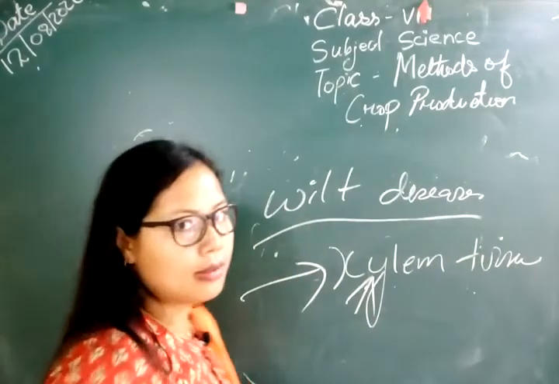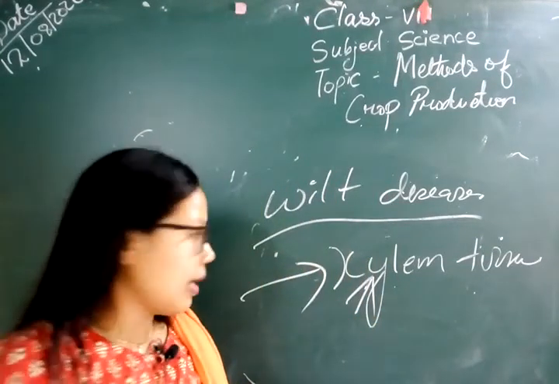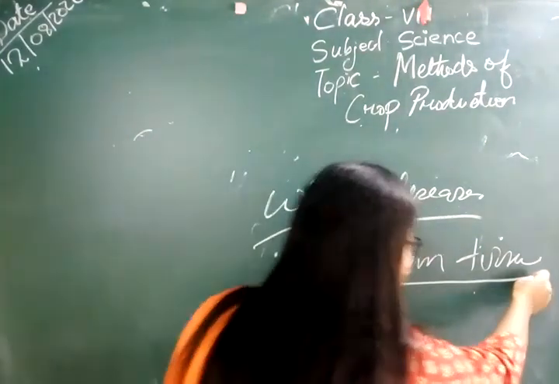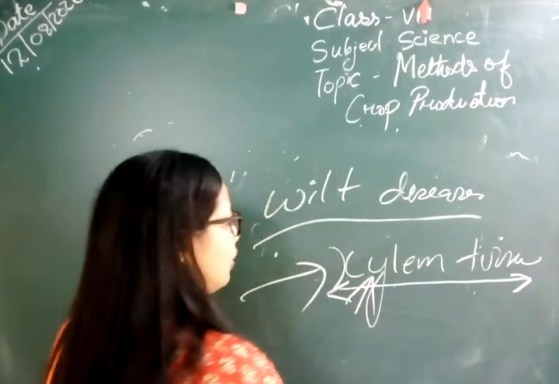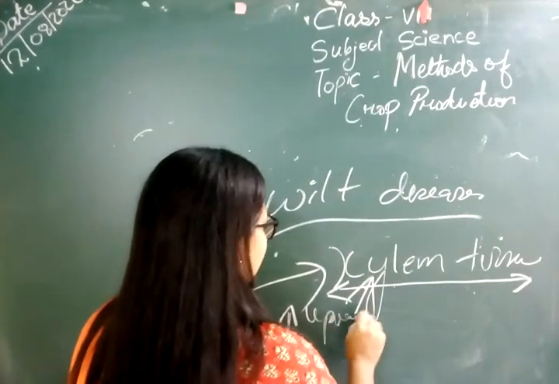What will happen when the plants are attacked in xylem tissues? The function of xylem is to transfer water upward, isn't it?